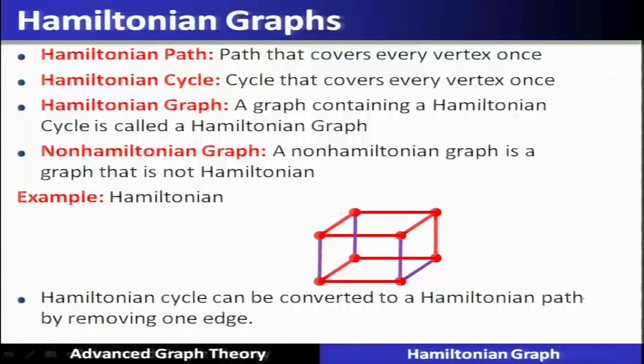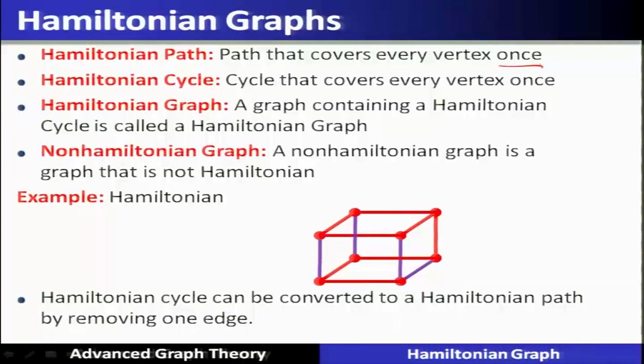Now see, "once" may not be required. Why? Because a path contains the vertices exactly once. So, if a path covers all the vertices exactly once, then it is called a Hamiltonian path.